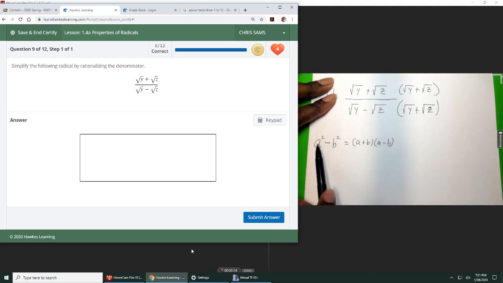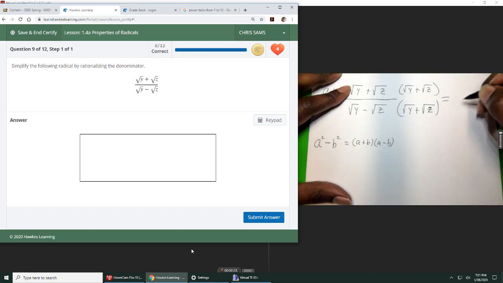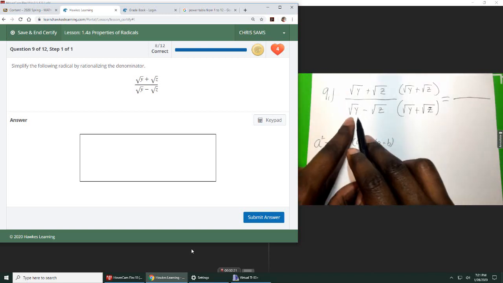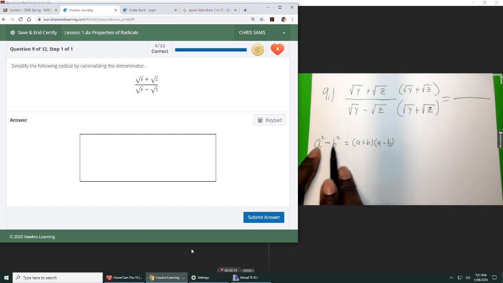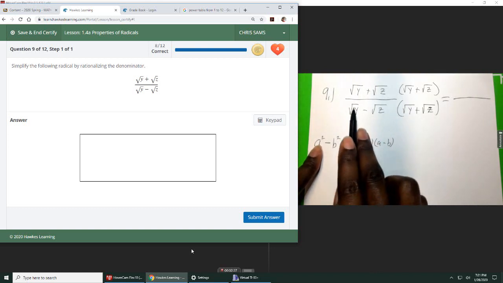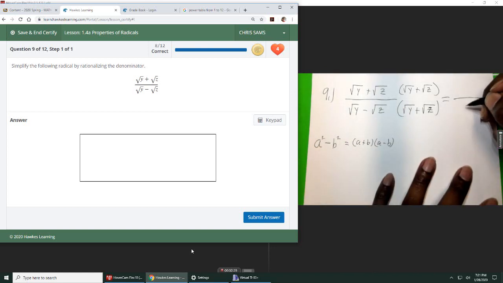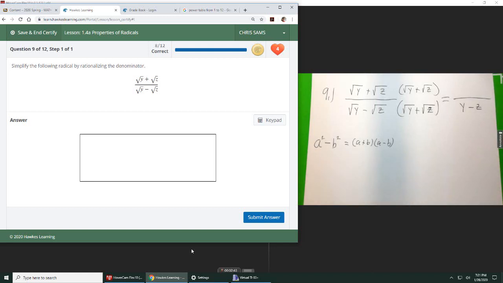So at the end of the day, I'm going to end up with a minus b. I'm going to skip the middleman and just tell you that when you FOIL these together, it ends up being a minus b squared, these two terms squared, but square and square root cancel each other out. So you end up with y minus z. That's it. Save yourself some work if you use that fact.